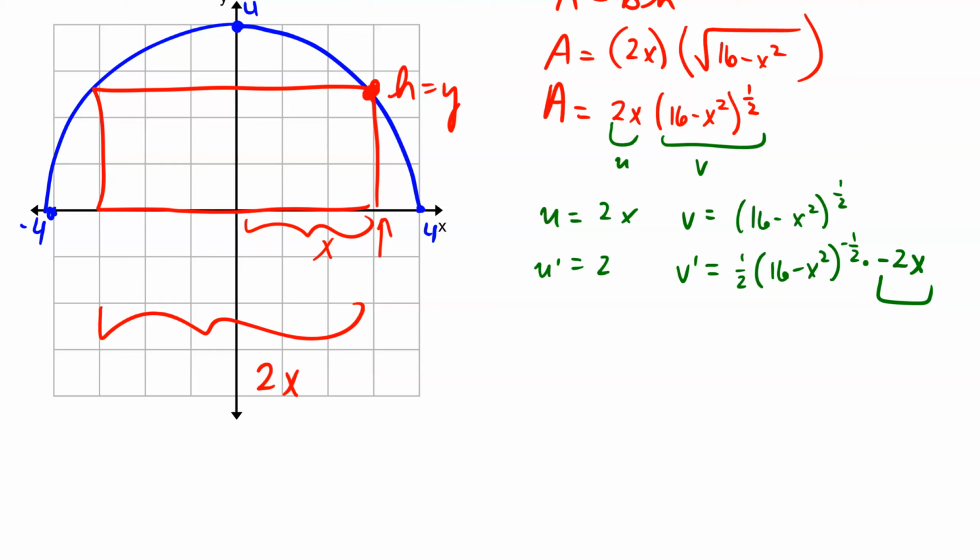I got 2 root 2. Why couldn't it be positive or negative? You can't have a negative length. We're talking about rectangles. You can't have a negative side length. X is our length, our distance from the origin. Remember, our base is 2 times that. I can't have a negative length.